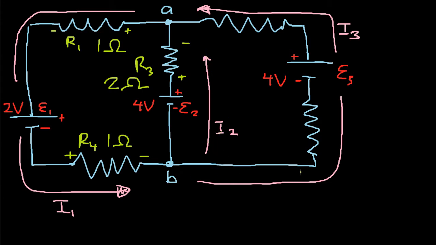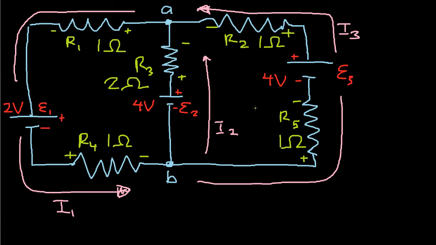Let's move on to branch I3. We're starting here. Positive, negative. This one is R5, and it has a resistance of 1 ohm. This one over here, R2, positive, minus, has a resistance of 1 ohm too.